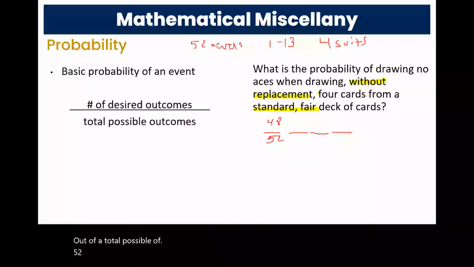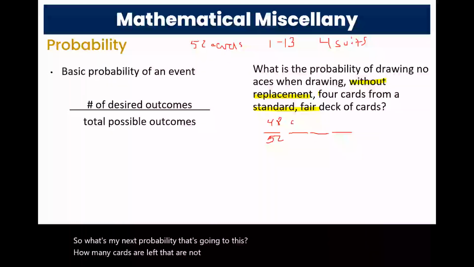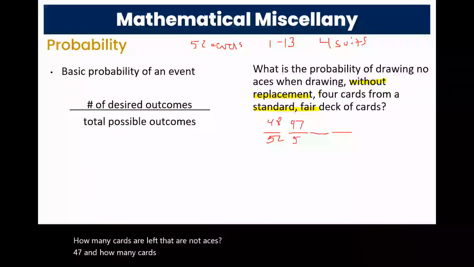So what's my next probability that's going to go into this? How many cards are left that are not aces? 47, and how many cards are left? 51. And so on and so forth. 46, 45, 50, and 49.